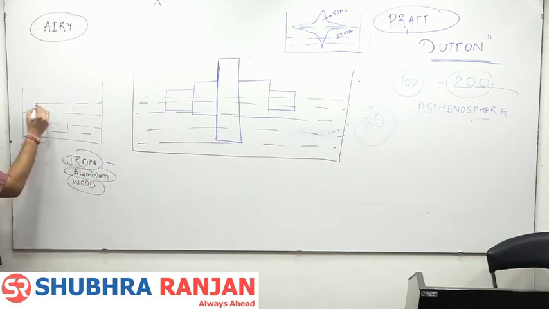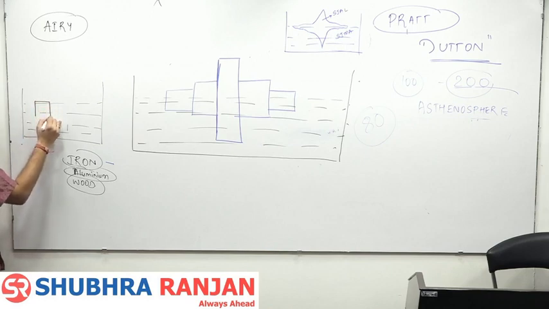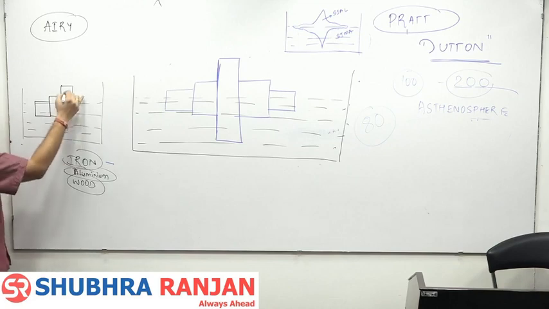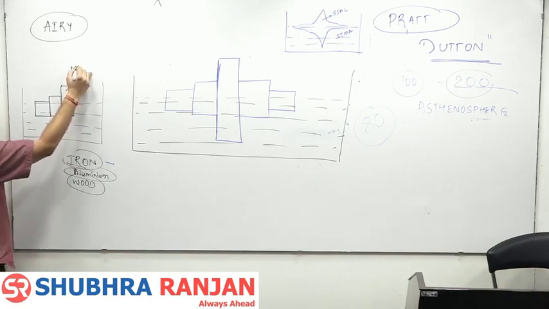The iron block went deep, more. The aluminium did not go that deep. It was floating. The wood was still floating. So wood is mountain.